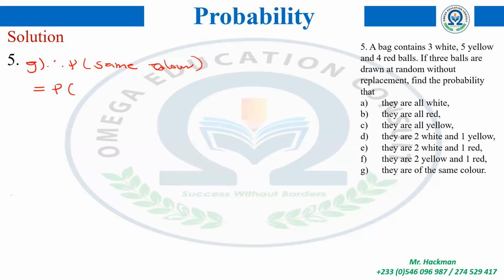So you are going to have P all white, which will be 3 white, or another possibility, 3 of our second color, yellow, or the third possibility, red. Is my point well made?